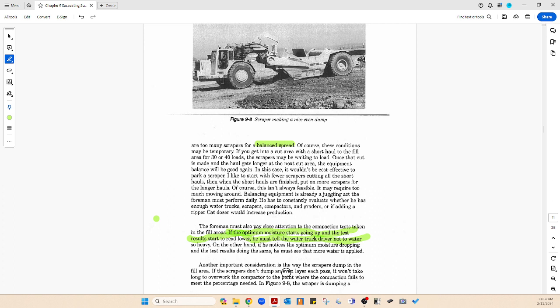You're adding soil, adding moisture, compacting, and weighing. At some point, that reaches what they call optimum moisture. In other words, it's as compacted as it can be before it gets too much moisture and starts turning to, I'm just going to use the word mud. So that's what I mean. You've got to keep your eye on it.